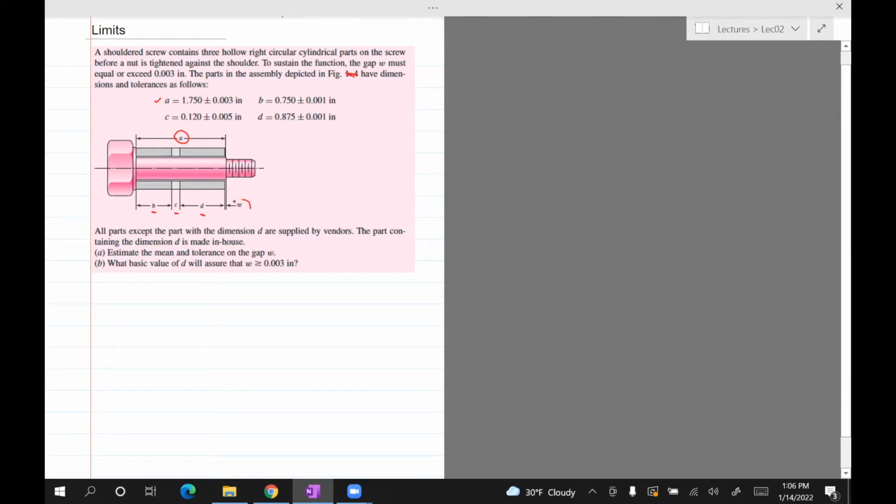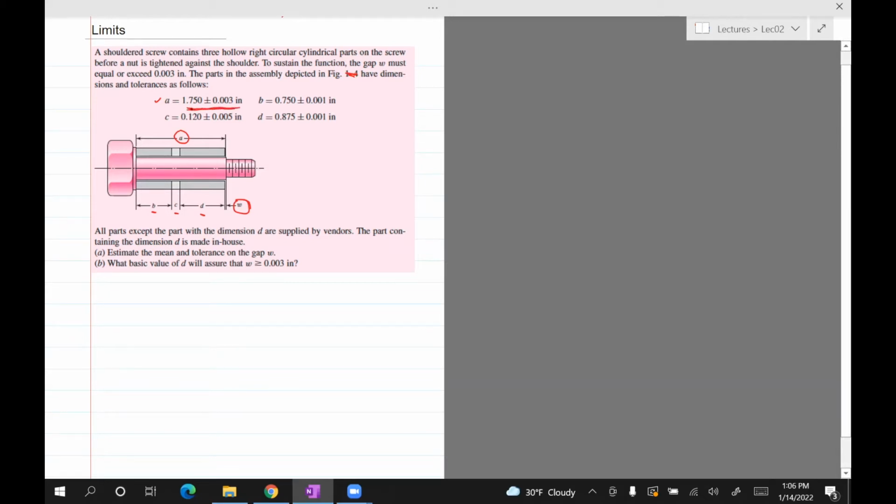Okay. So what's happening here is there are these different components A, B, C, and D, and they have their own tolerances. And when you buy these from the supplier, they are guaranteed to be within these dimensions.